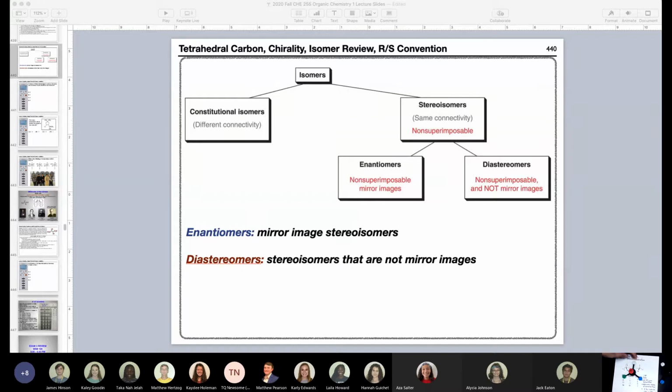So in my hand, I'm holding the lowest priority group, a hydrogen, which is orange. I'm holding that in my hand. I'm now projecting it away from you. We said bromine was 1, chlorine 2, fluorine 3. So when you look at that, what's the rotation of the 1, 2, and 3 groups?